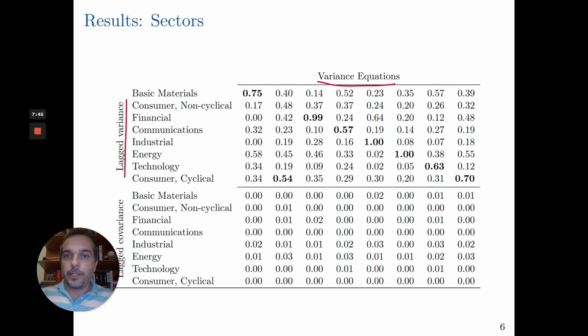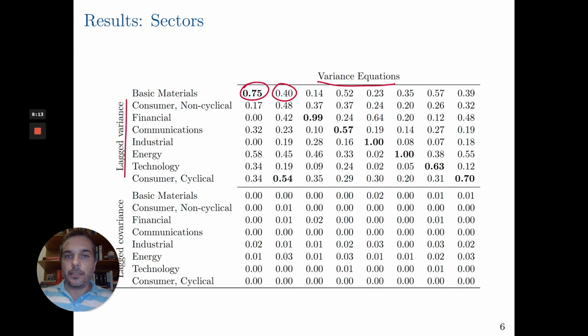Here is the basic materials past variance affecting current basic materials variance. Here is basic materials variance affecting consumer non-cyclical variance, and so on and so forth. So the diagonal is the same sector effect.